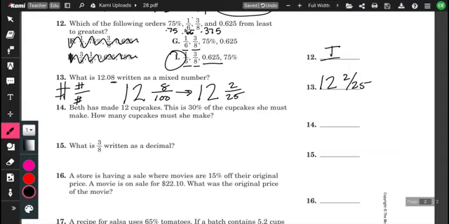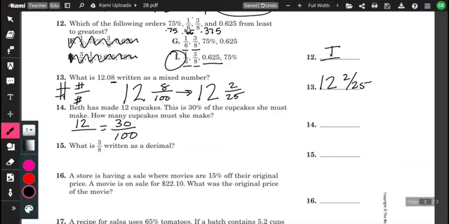Number 14 says Beth has made 12 cupcakes. This is 30% of the cupcakes she must make. How many cupcakes must she make? We're going to do is over of equals percent over 100. She made 12, we don't know how many total, and we know it is 30%.